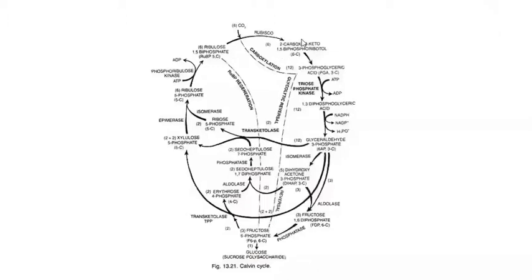Then immediately this unstable compound is converted into 3-phosphoglyceric acid. This is the first stable compound formed in this reaction. So there are two steps involved. The first step is absorption of carbon dioxide.